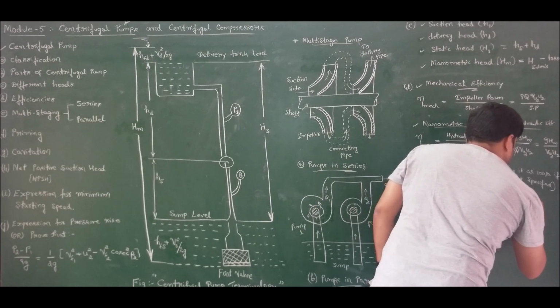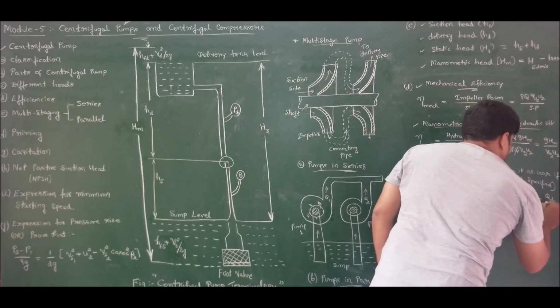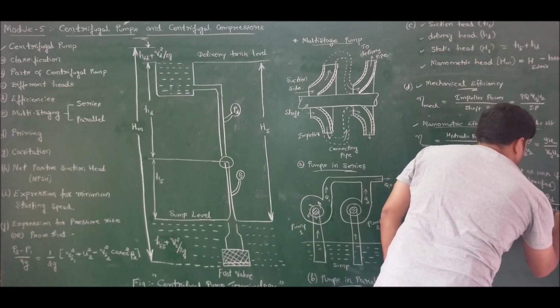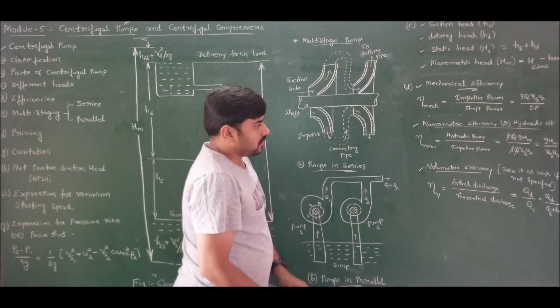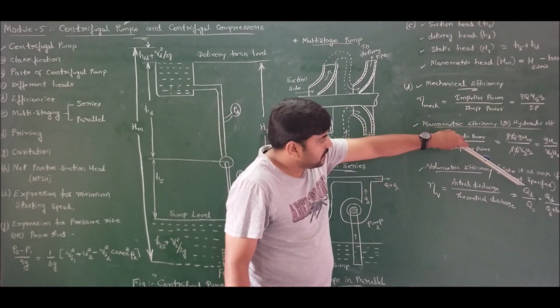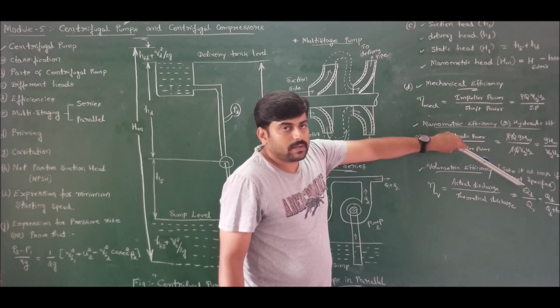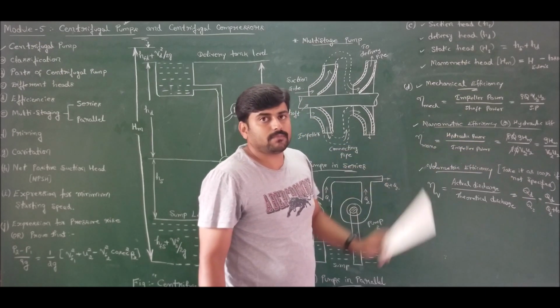So this is equal to the amount of water delivered through the delivery pipe divided by the amount of water delivered through the delivery pipe plus losses. That is, this amount of water lost. So for a centrifugal pump we can define it as the amount of water delivered through the delivery pipe to the amount of water entering the impeller through the suction pipe.